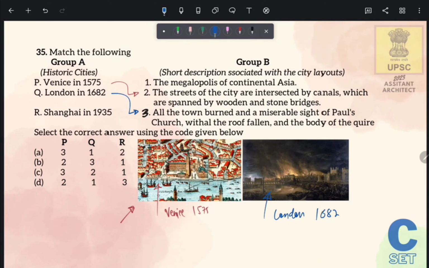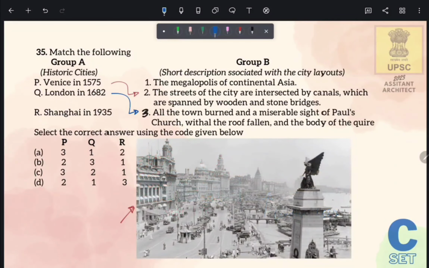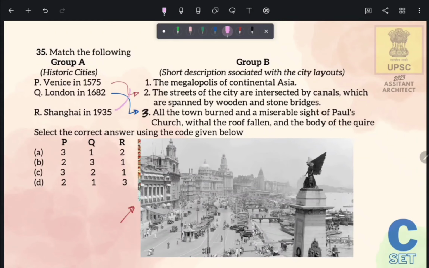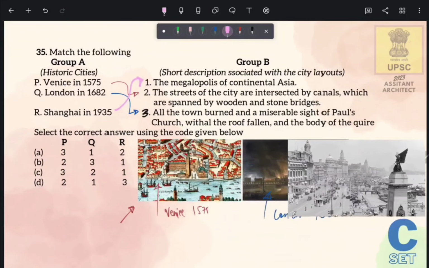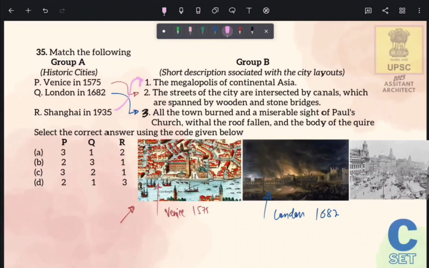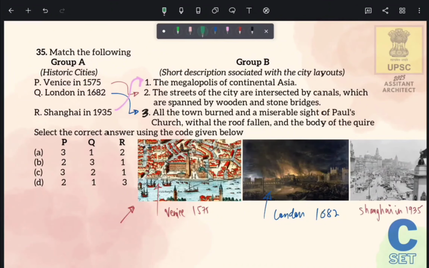The last historic city is Shanghai in 1935. As we all know, Shanghai is a mega city of China and it is located on the Asian continent. Therefore our statement matches with 1, the megapolis of continental Asia. Therefore the correct answer of this question is option number C.